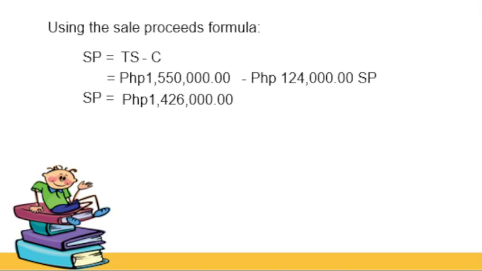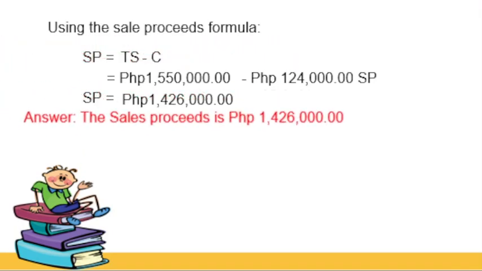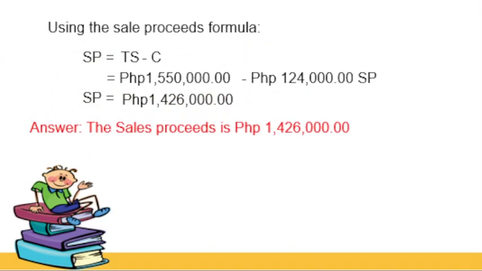Okay, so that is 1,426,000. So that is correct. Okay, so that is the sales proceeds of Mr. Lasso.